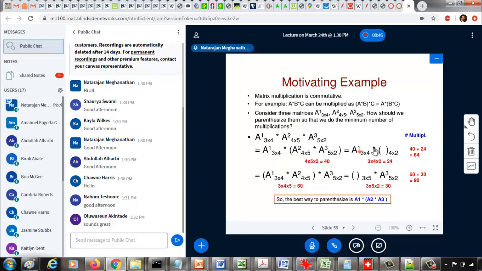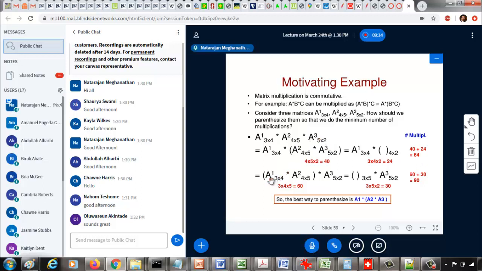So the total is going to be 40 multiplications to multiply A2 and A3 and get the intermediate product matrix, then 24 multiplications to multiply A1 with that intermediate product. So totally we encounter 40 plus 24, 64 multiplications. That is if you do A2 and A3 first.